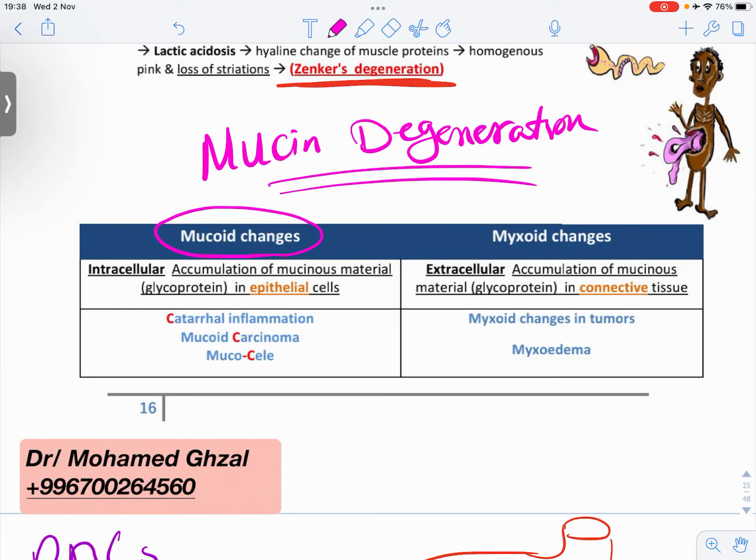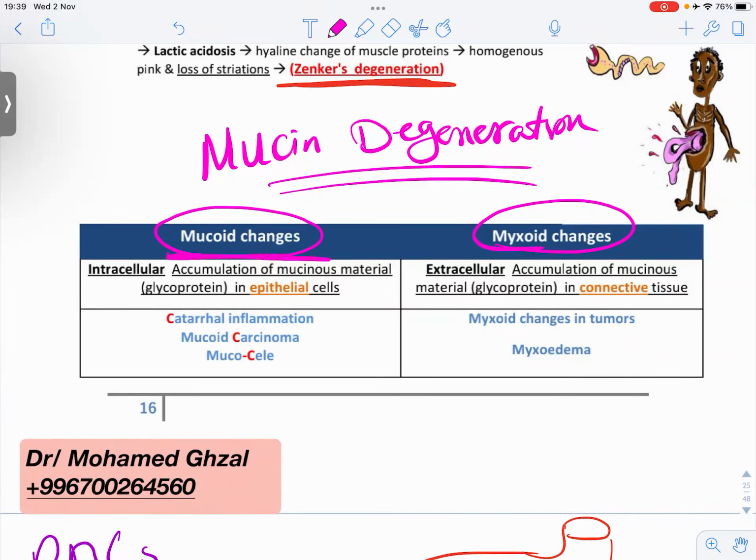So it's an abnormal site, because we know that mucin is found in epithelial tissue. When mucin is found in connective tissue, we call it myxoid change. So mucoid is accumulation of mucin in its normal sites, which is epithelial tissues. Myxoid change is accumulation of mucin in abnormal sites like connective tissue.